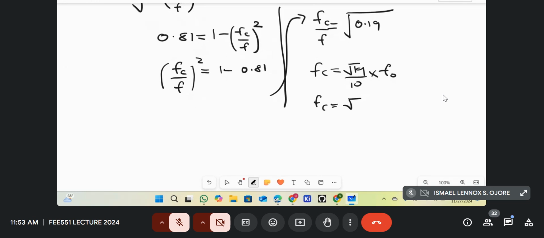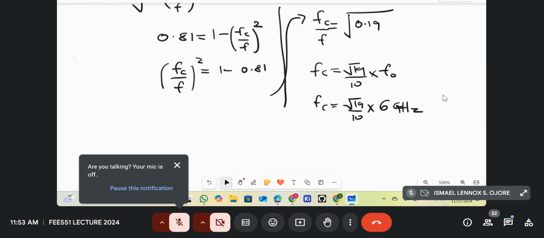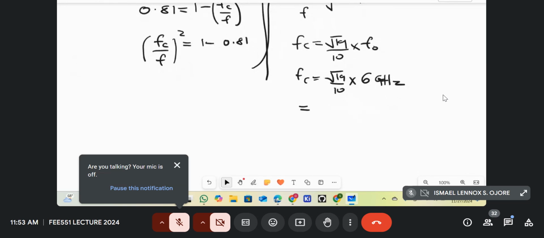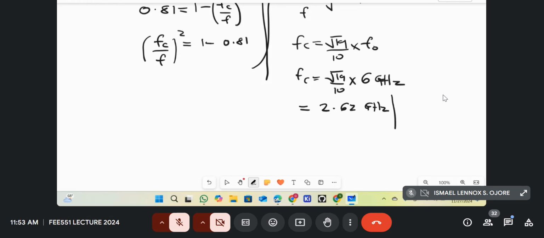So we have fc as 2.62 gigahertz for TE10.